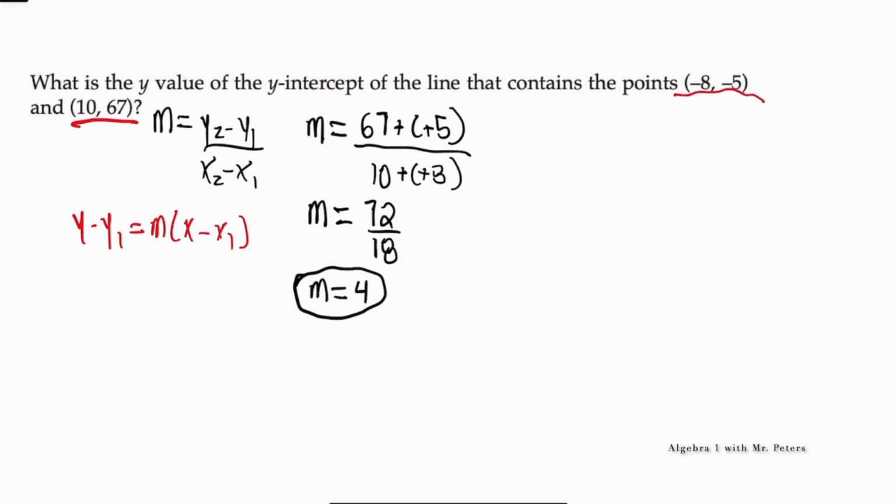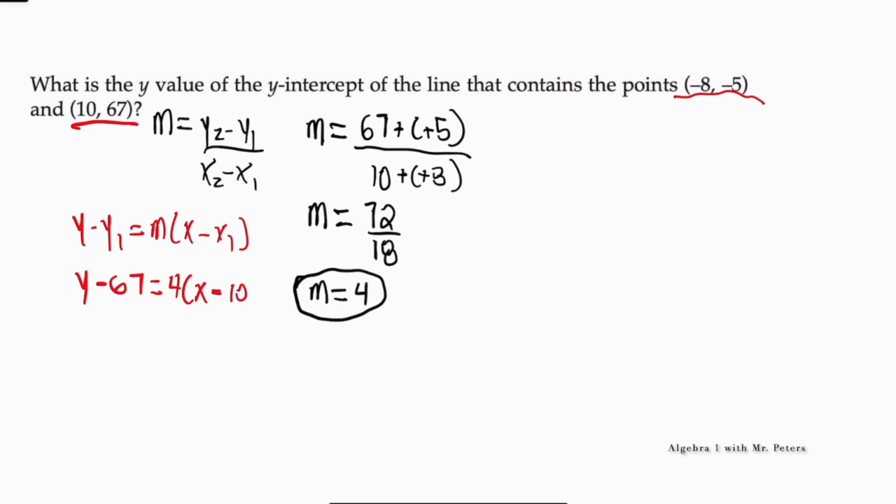I'm going to use 10, 67. So we have y minus 67 is equal to 4 times x minus 10. So y minus 67 is equal to 4x minus 40.